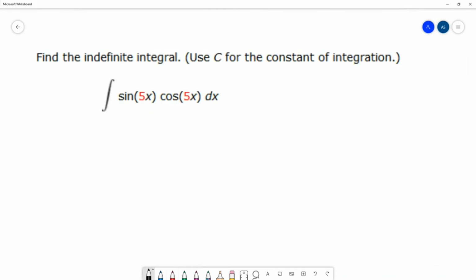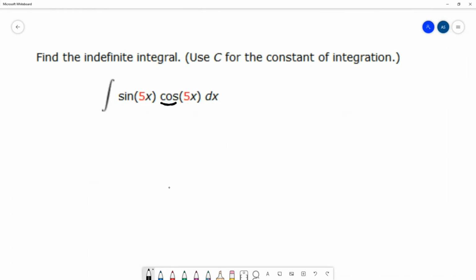So I'm going to try to choose cosine as my u. Another tip that a lot of professors will give for choosing what u should be is you want to choose something for u where you have the derivative of that thing in your integrand.